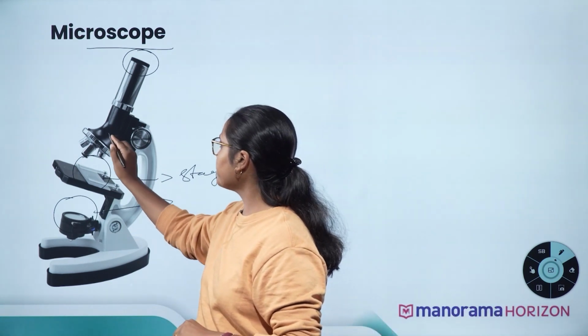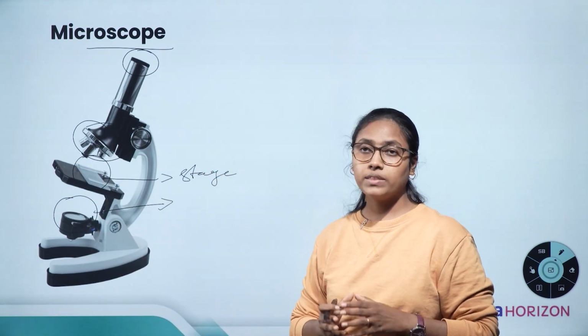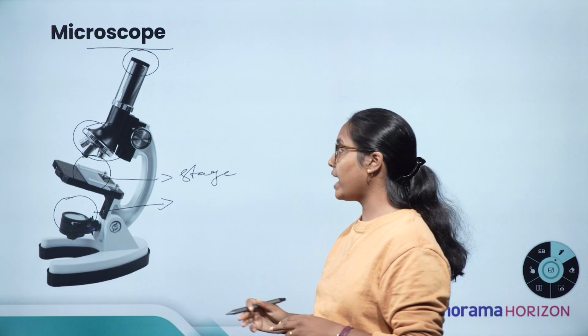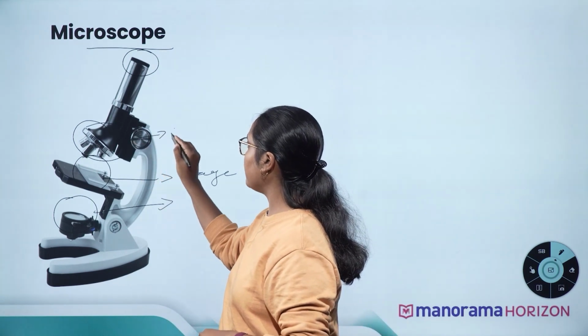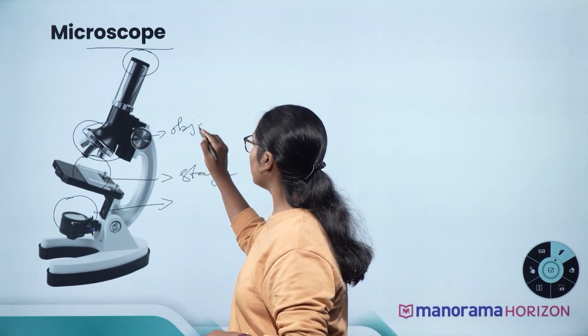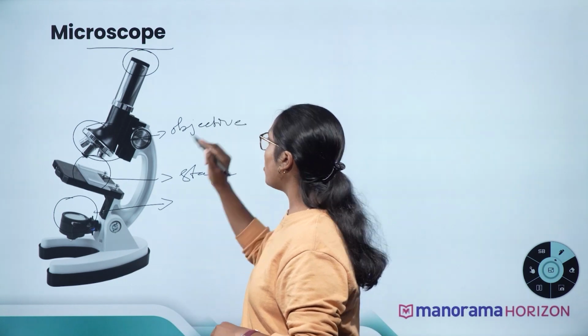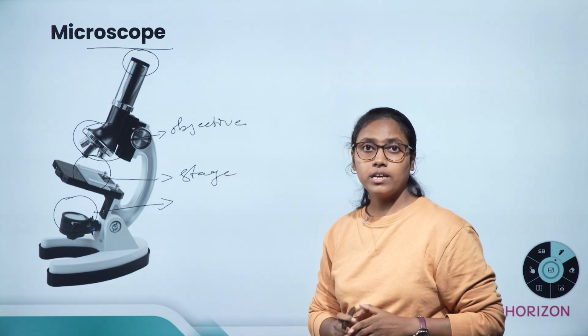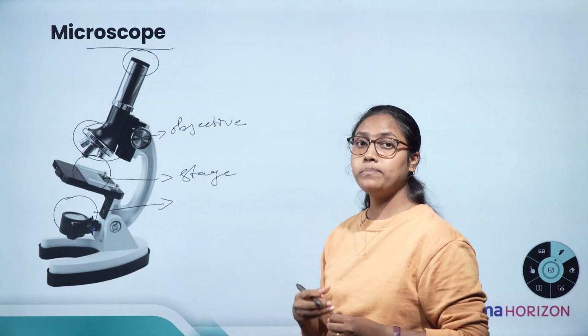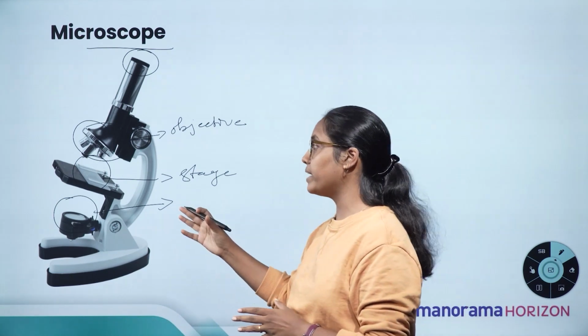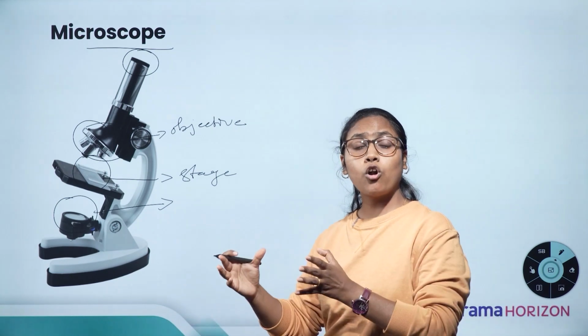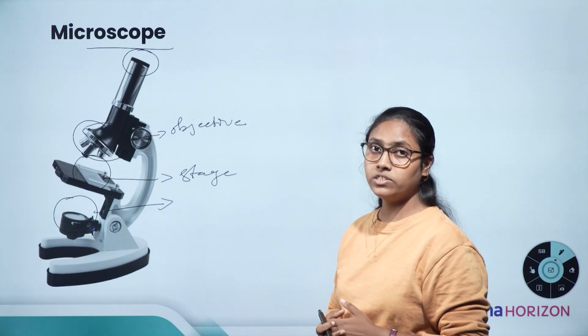Here you will have a lot of lenses. These lenses are known as objective lenses. These objective lenses help to magnify the specimen by 10, 40 or even 100 times.